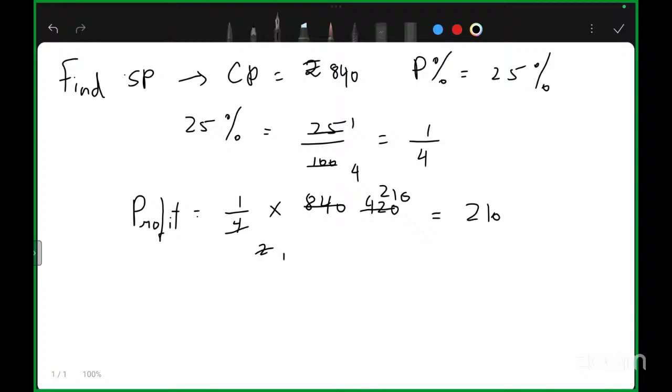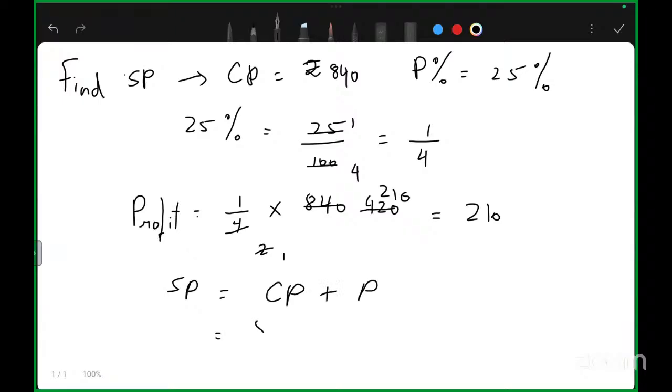210 profit. Now to find out the selling price, we know that selling price is the sum of cost price and profit. SP is cost price plus profit.